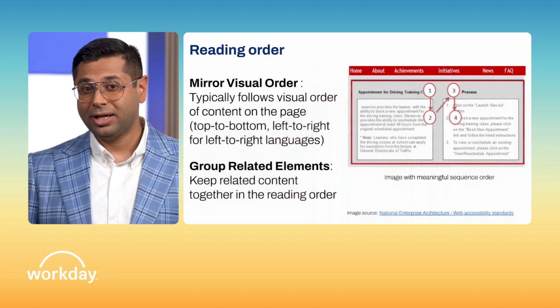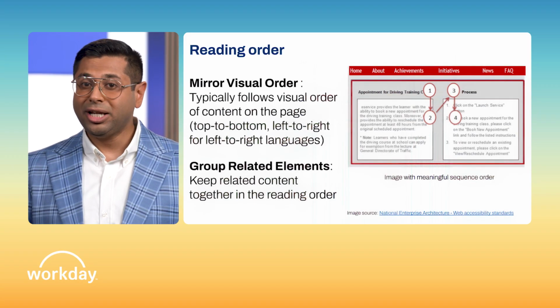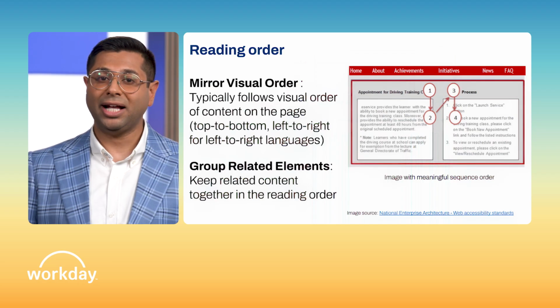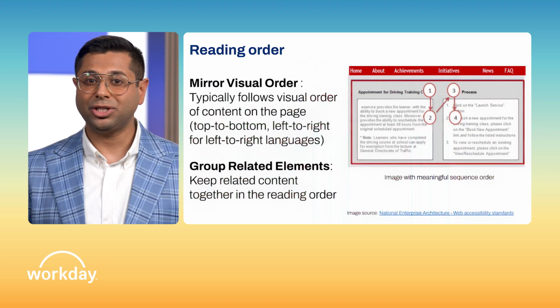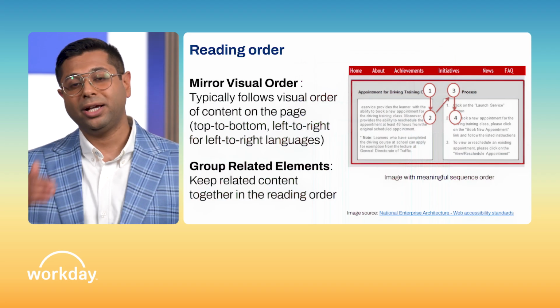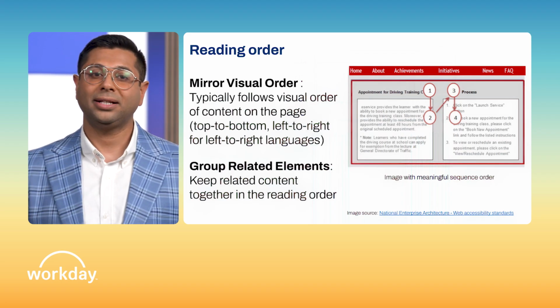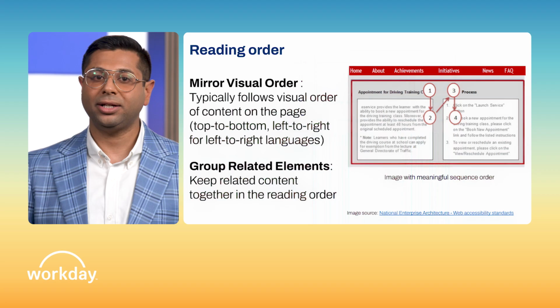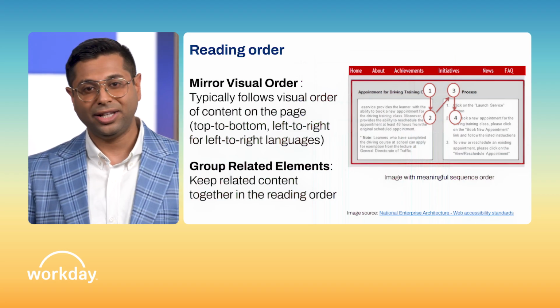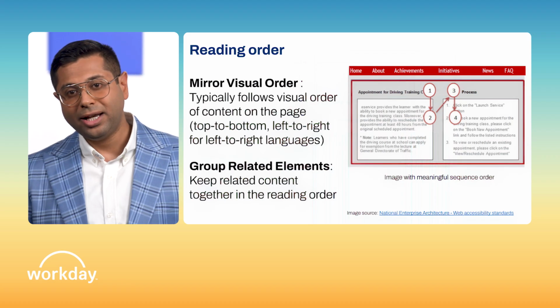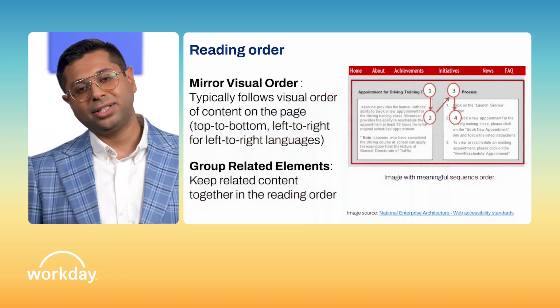Key accessibility considerations for designers regarding the reading order are: first, mirror the visual order, meaning that the reading order should generally match the visual layout of the content. Users expect information to flow naturally from left to right and top to bottom. Secondly, try to group related elements, meaning keep related content together in the reading order. For example, an image and its caption should be adjacent.